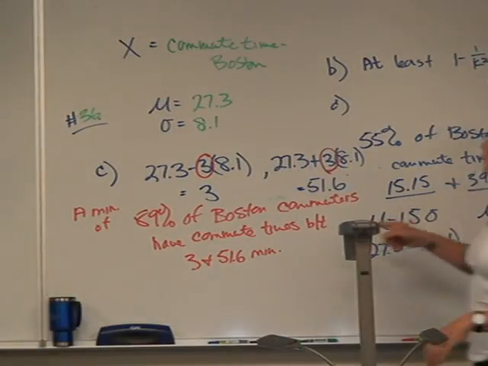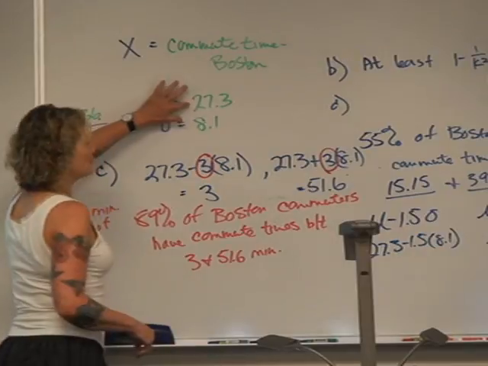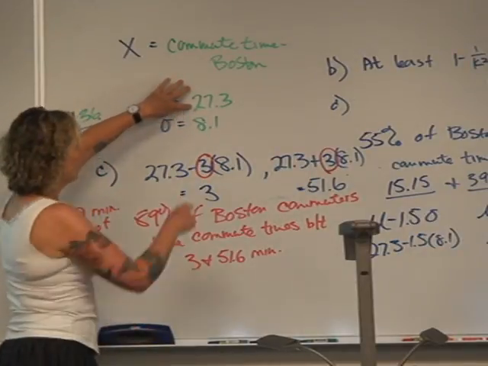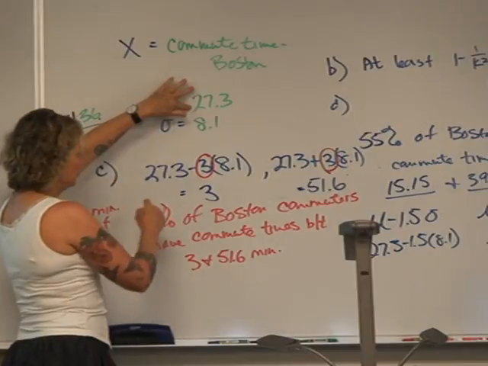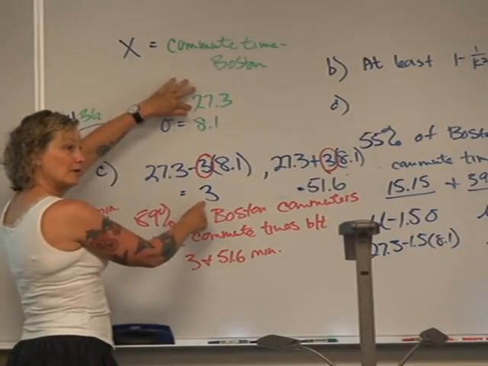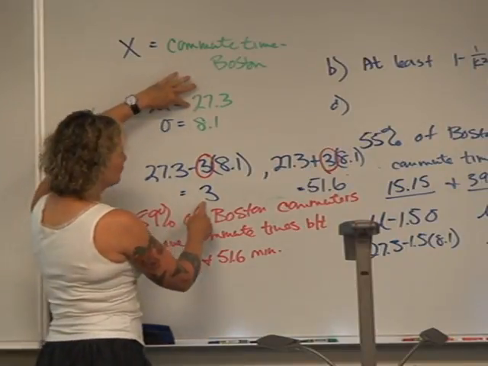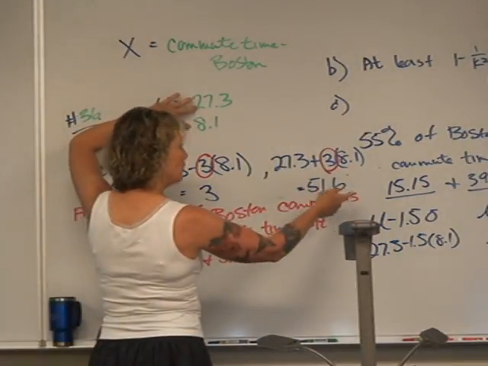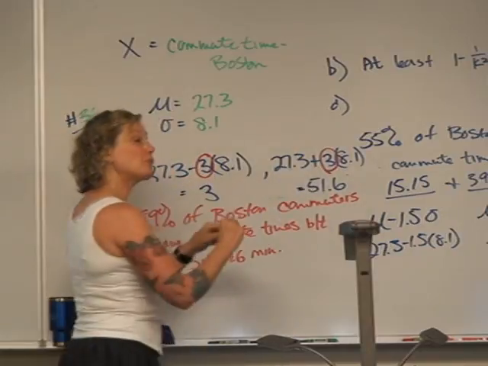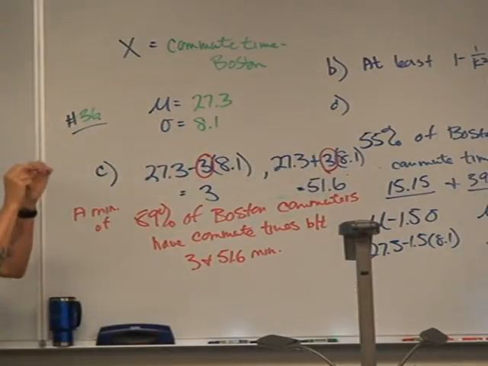The 3 standard deviations, if you take the 27.3, the mean, subtract 8.1 3 times, you're gonna get 3. Does that make sense? And then if you take the 27.3 and you add 8.1 3 times, the number of standard deviations is what correlates to the rule. Okay?